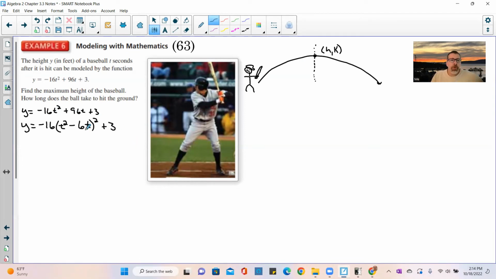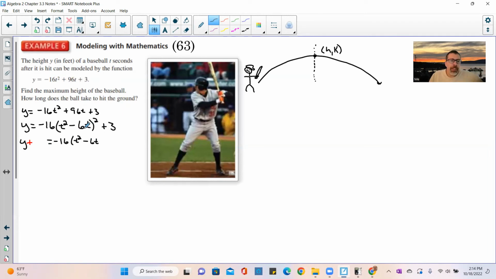Okay, so I want to complete the square inside here. So now I'm going to write y, and I'm going to add something here, and I'm going to leave a space, and it's going to equal negative 16 times t squared minus 6t.